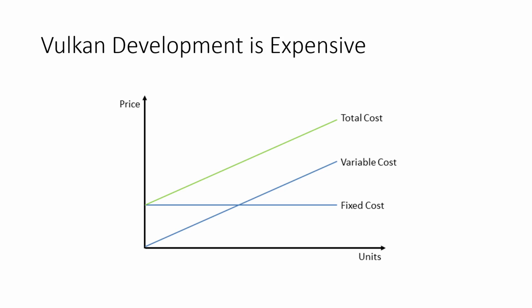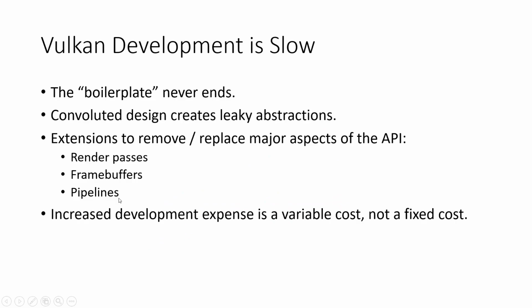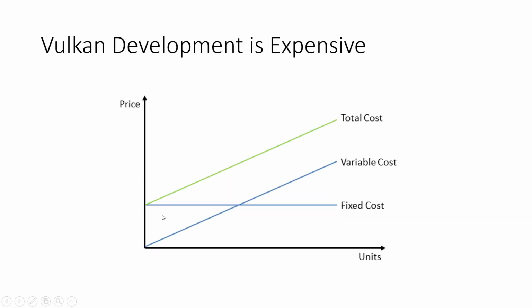Variable cost is like development time. And when they say boilerplate, they're implying that Vulkan development is this fixed cost that you do once and then it's done. But instead, it increases your variable cost on top of it. So your total cost keeps going up and up and up and up.